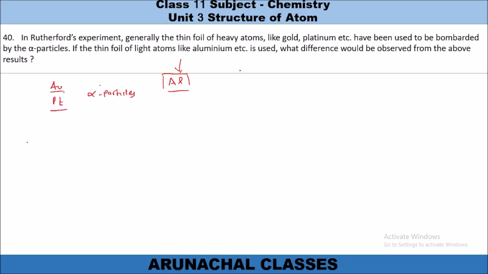So we can see here that heavy metals have a high positive charge, and hence they are able to deflect positively charged alpha particles.